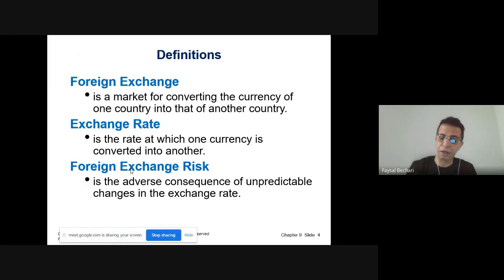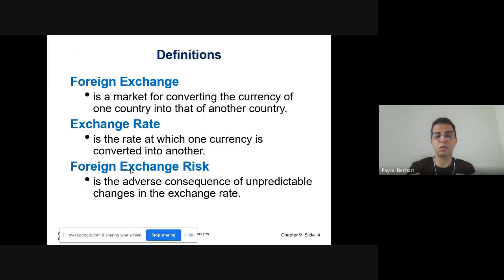Another example that I like to give you is that one day I purchased a summer house in Iran. I was planning every summer to send my family there to spend the summer around their family. Ten years down the road, the price of the house in Iranian currency quadrupled.